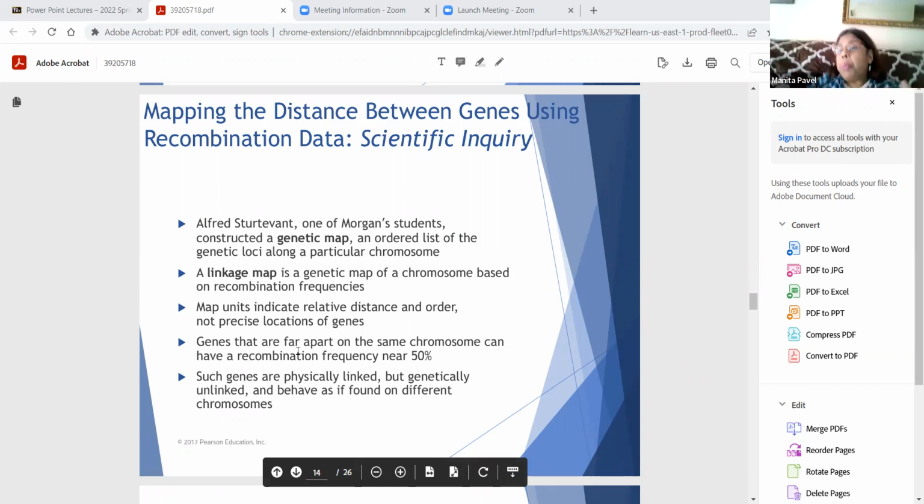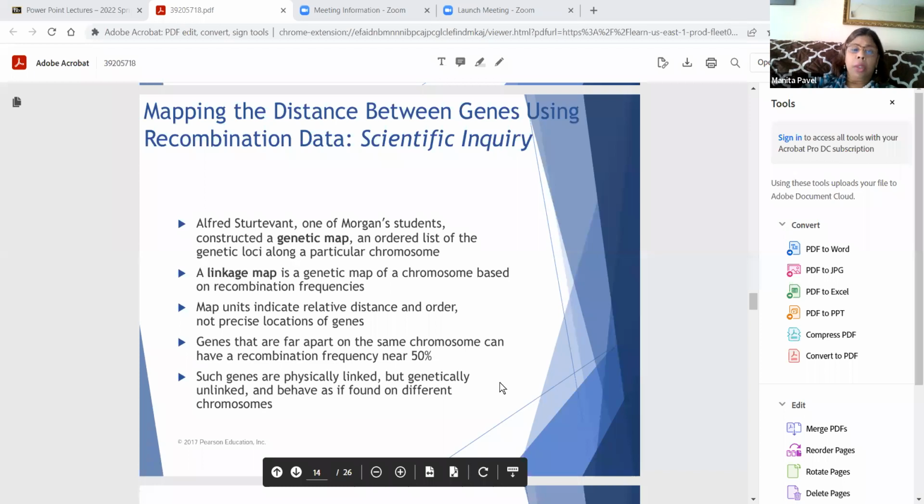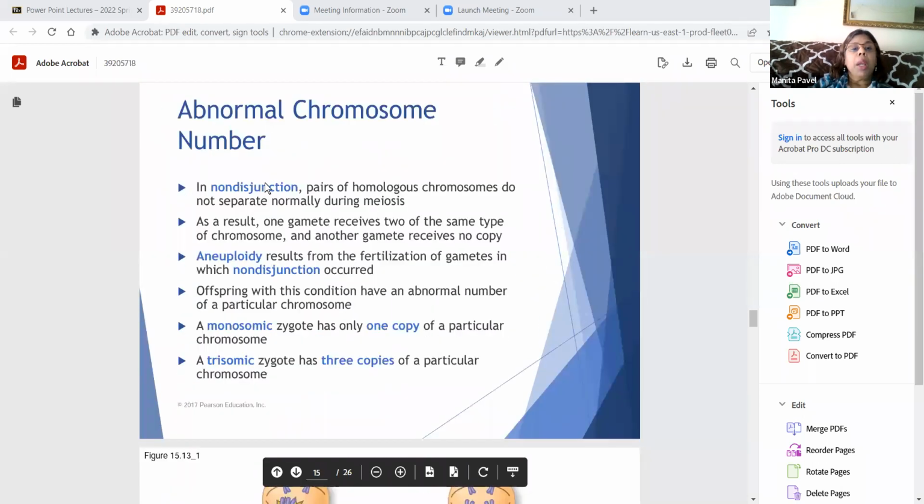And as we saw, genes that are further apart on the same chromosome have a recombination frequency of 50% because they would be inherited together. Those that are located close to each other will be inherited together. So such genes are physically linked, but genetically they are unlinked. And therefore they behave as if they were found on different chromosomes.